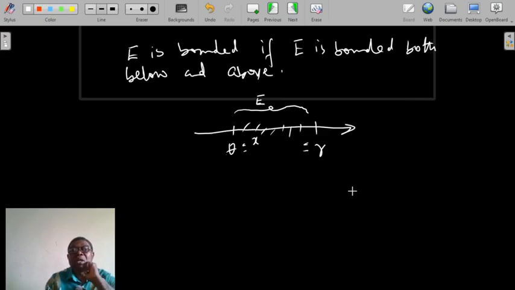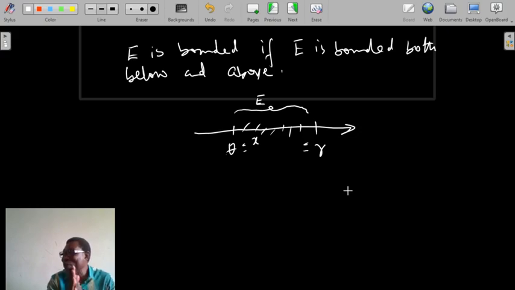And thus, you recall, we said that it makes sense to talk about an upper bound that is nearest to E. That upper bound nearest to E is the one we are interested in. I remember jokingly saying that the upper bound and the lower bound that are closest to E are the meat in the soup we are cooking.